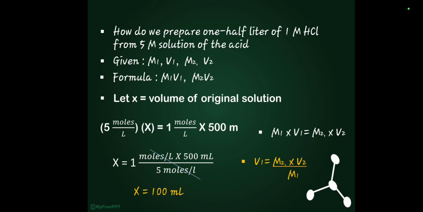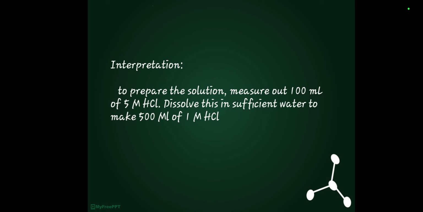Don't worry, because in the problems or examples that I will give you, each has its own formula, whether the molarity 2 or the volume 2 is unknown, or the molarity 1 is unknown, or even the volume 1. This is the formula for volume 1 because volume 1 here is the unknown. Okay? So let's proceed to the interpretation.